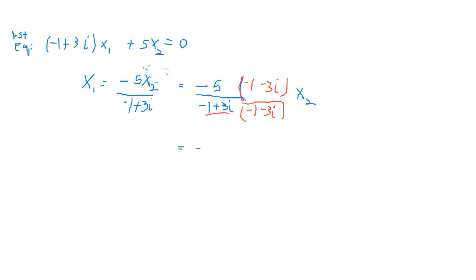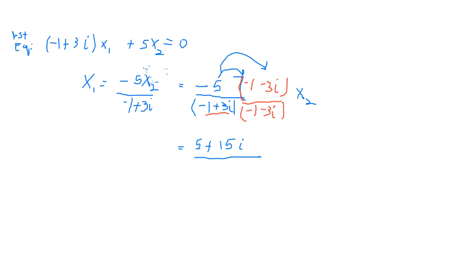So I'm going to distribute the -5 in the numerator, and that's going to give me +5 plus 15i, thank you. And then what do we have in the denominator? What's -1 plus 3i times -1 minus 3i?